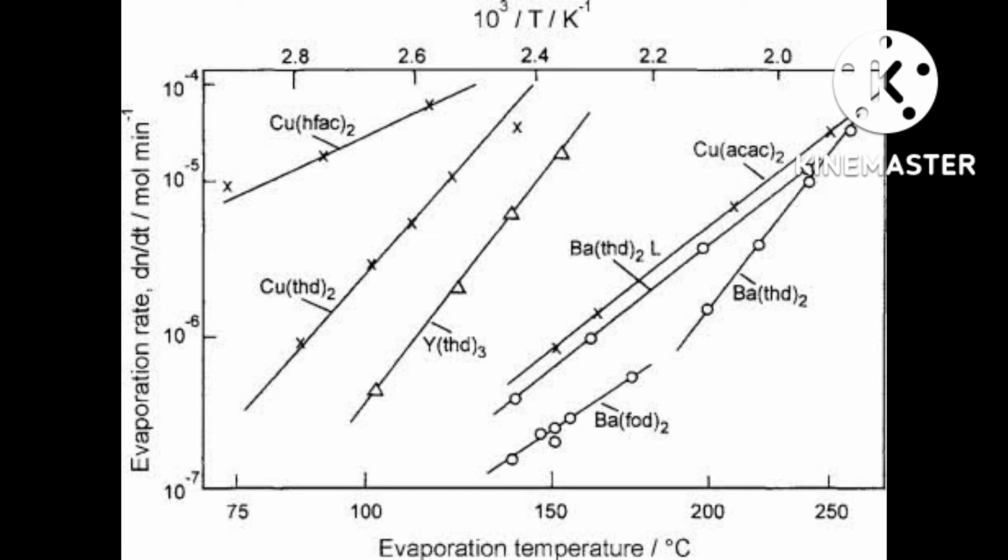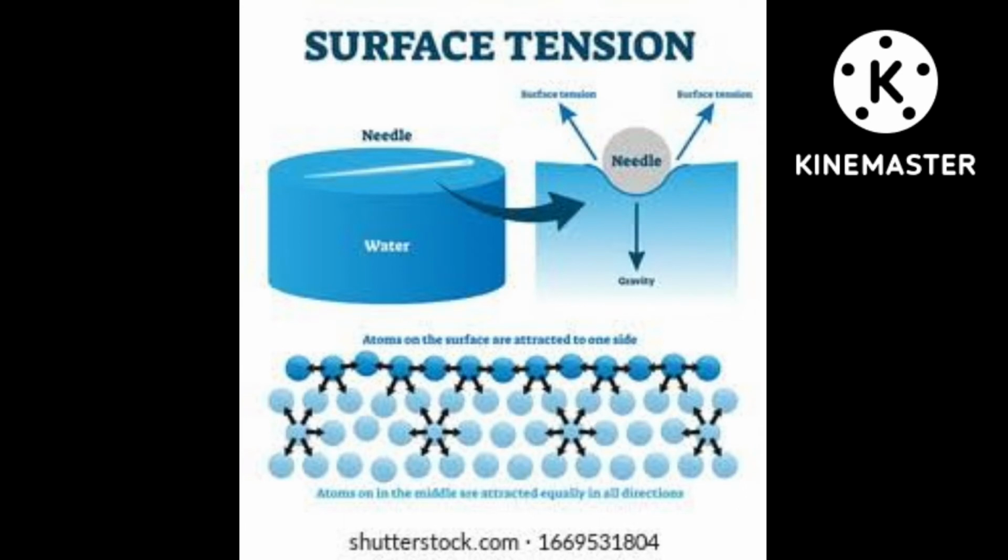Why does it happen? Then there is another question: why does a liquid rise or fall in a thin capillary as soon as the capillary touches the surface of the liquid? These are questions you can answer only by the concept of surface tension.